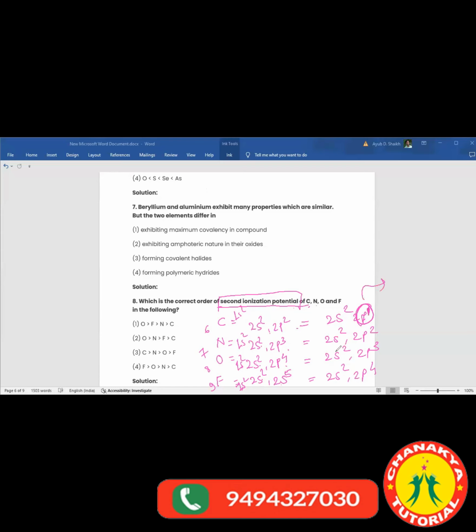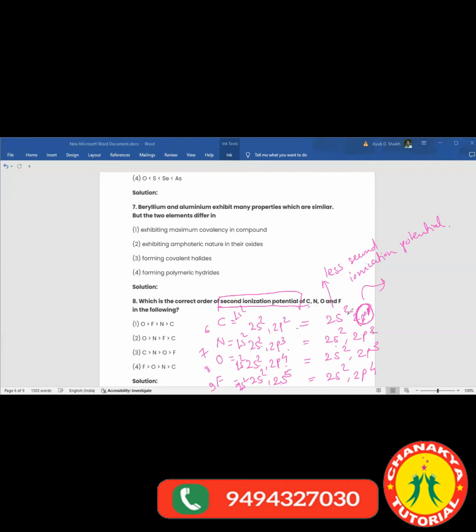So it will easily lose the second electron, so it requires less second ionization potential. What about this? It has to lose two electrons, then only it will gain the inert gas configuration. And hence it will require more ionization potential as compared to the previous one.